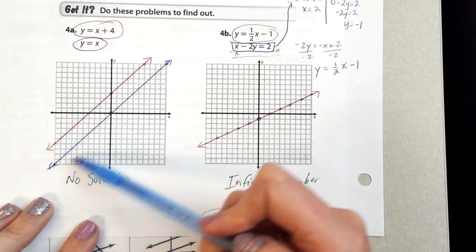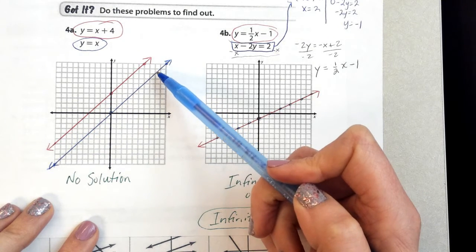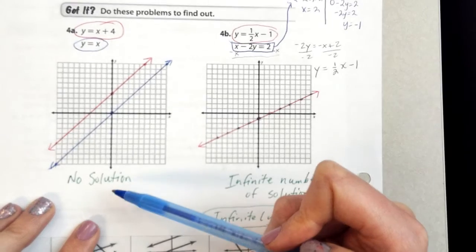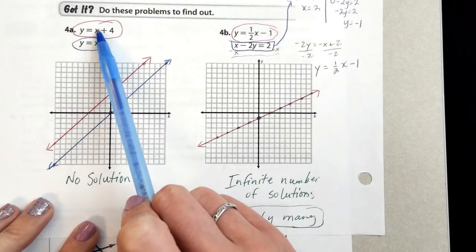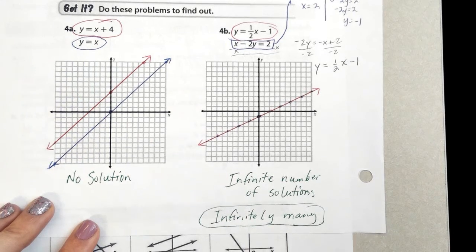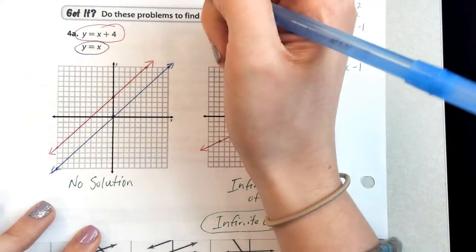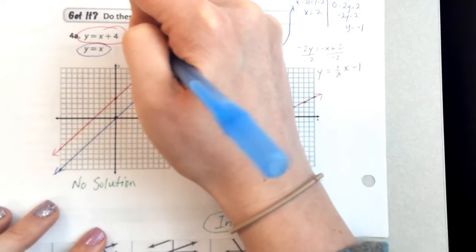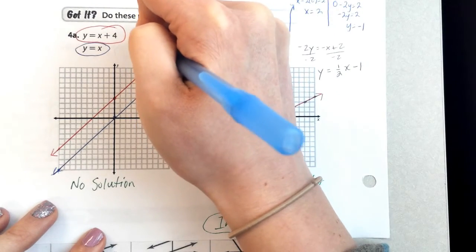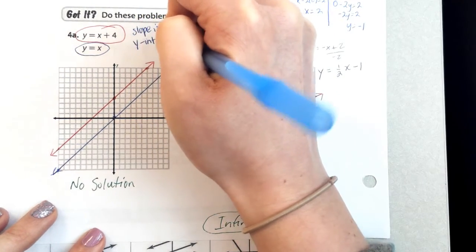Since they're parallel, the lines will never meet, will never cross. That means they have no solution in common. There is no x value that I can plug in that gives the same y. So one thing to notice is that this is going to happen when the slope is the same, but the y-intercept is different.